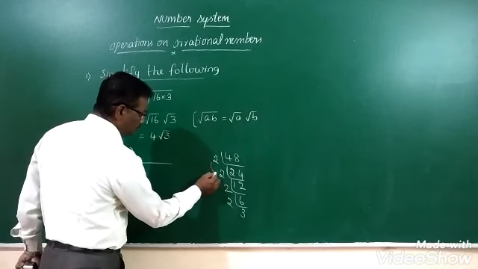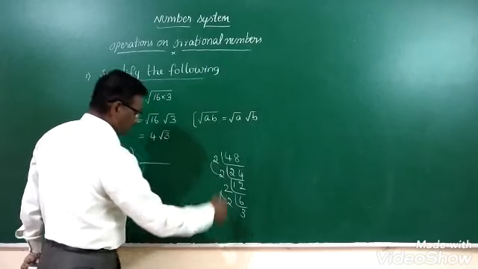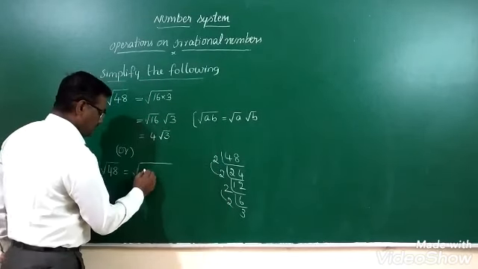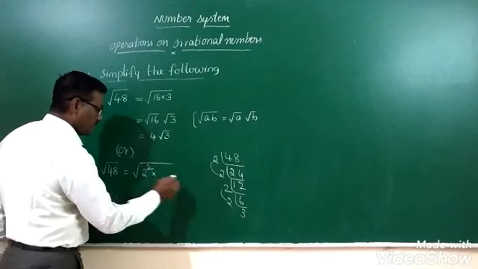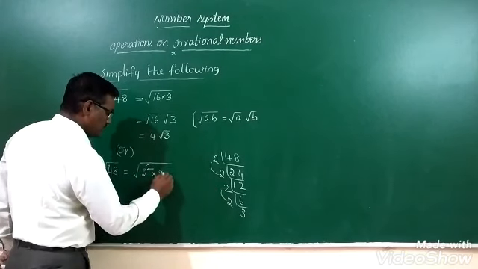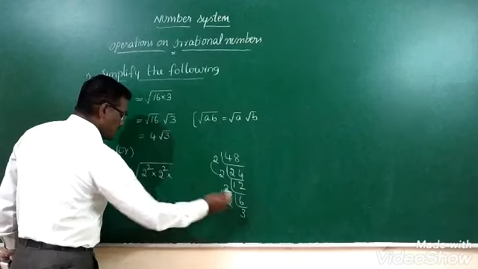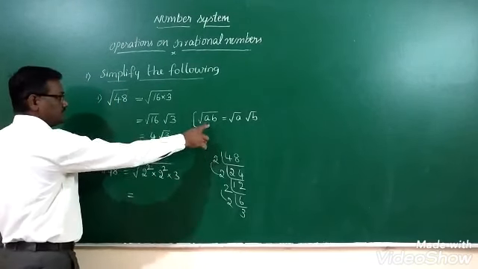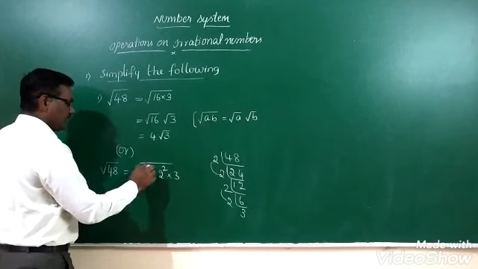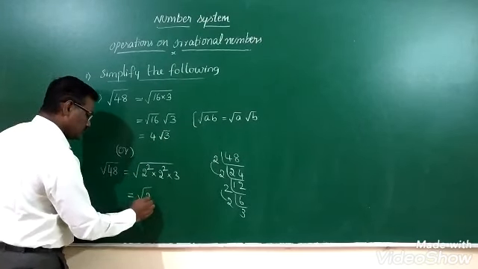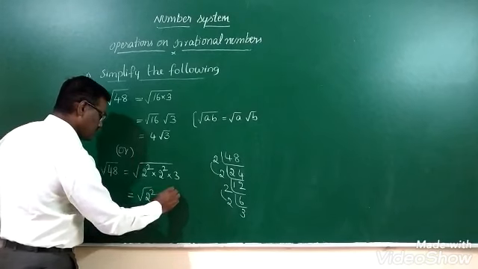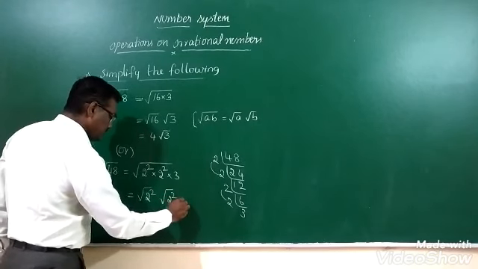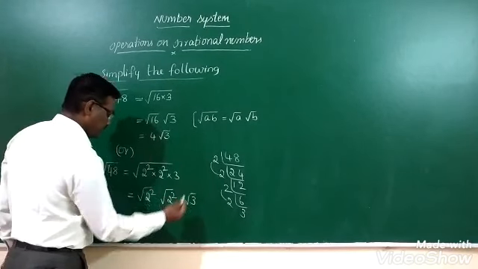Now I am going to take pairs. 2 into 2, it is 2 square. Another 2 into 2, 2 square. So 3 is alone. By this law, we can split: root of 2 square into 2 square into root 3.